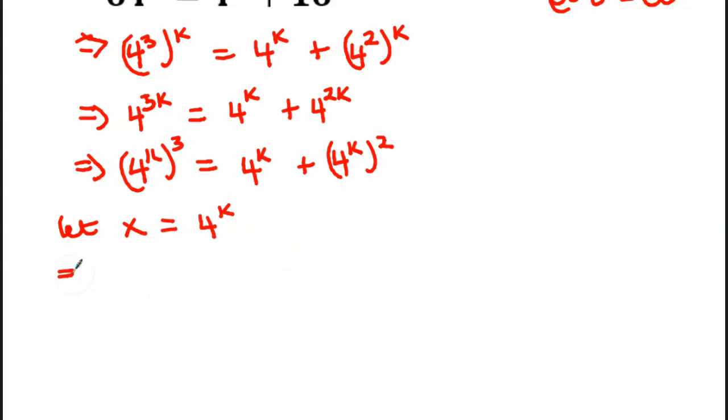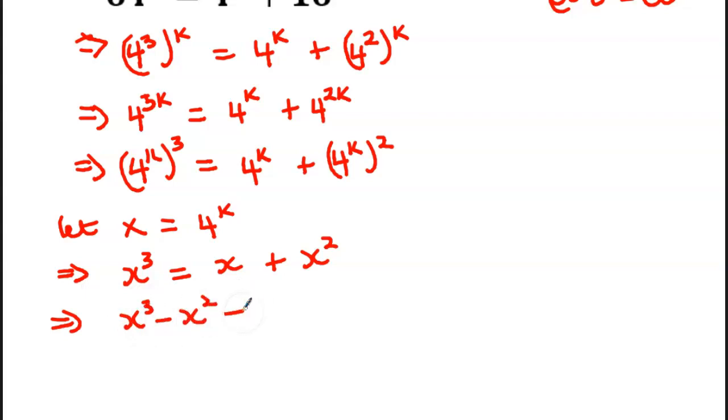So we are going to have x cubed is equal to x plus x squared. Let's move the terms on the right hand side to the left hand side. So we are going to have x cubed minus x squared minus x is equal to 0.